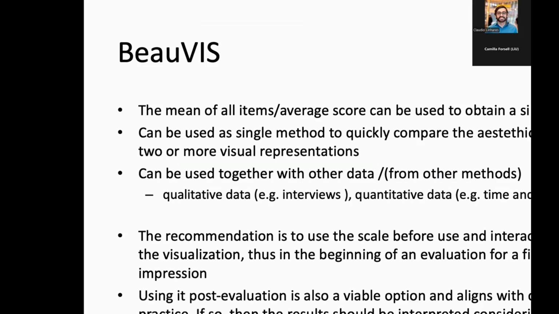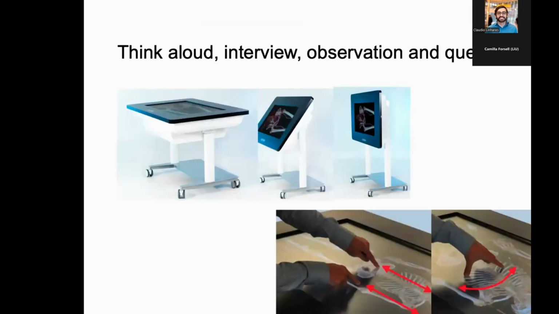They recommend that you use this scale before the user has actually used and become familiarized with the visualization, as a measure of a first impression, because that impression can be affected if it's super difficult. You might not think that it's very aesthetically pleasing, right? There's not, as I said, always a correlation between this. But you can, of course, use it afterwards as well, but take these things into consideration.